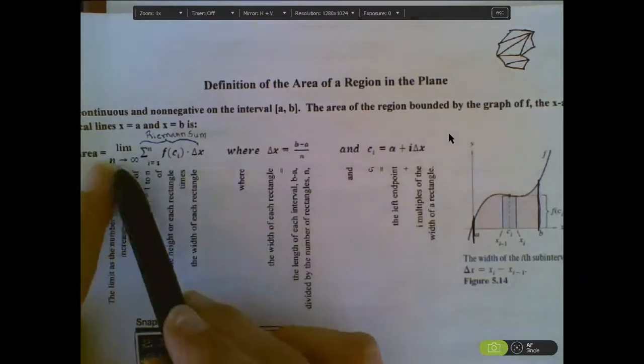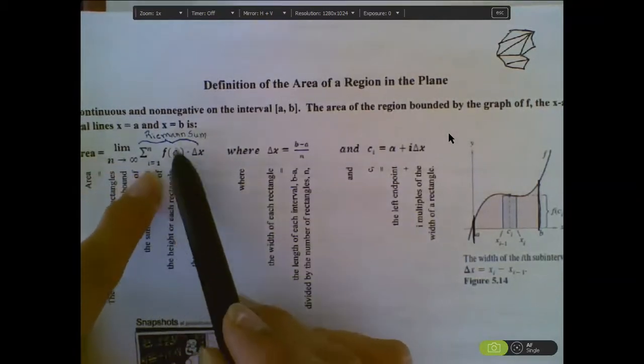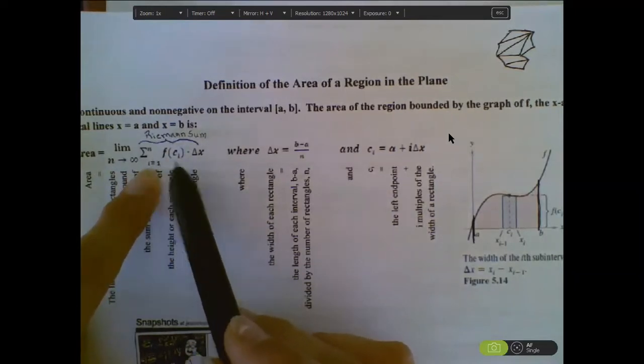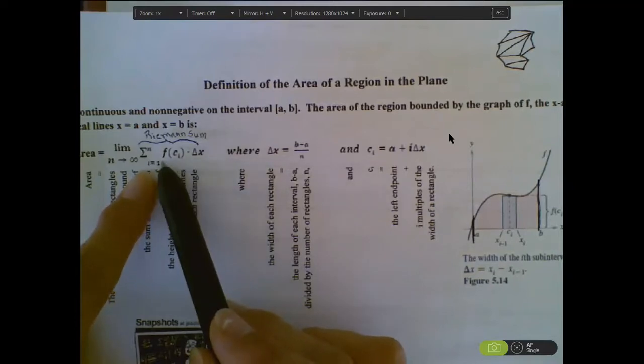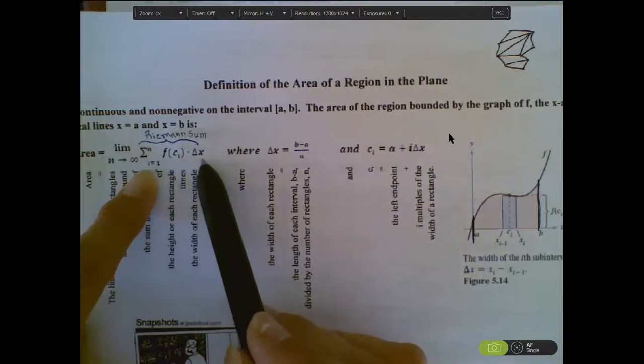So if we let that number of rectangles increase without bound, this summation symbol just says add up all of the areas of these rectangles, where f of c sub i is the height of the ith rectangle, times the width of the ith rectangle.